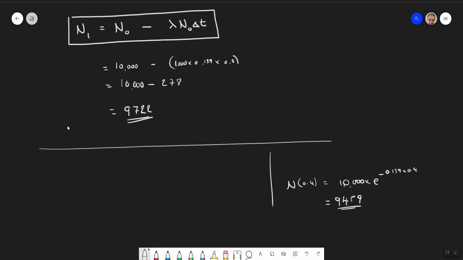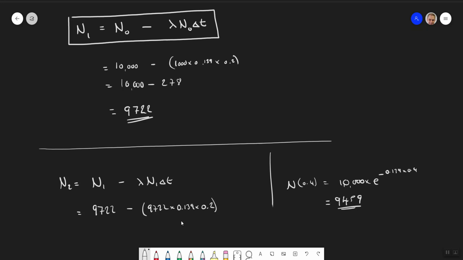So my second time will actually now equal the number I had minus lambda N1 delta t. So I can do 9722 minus 9722 times 0.139 times 0.2.